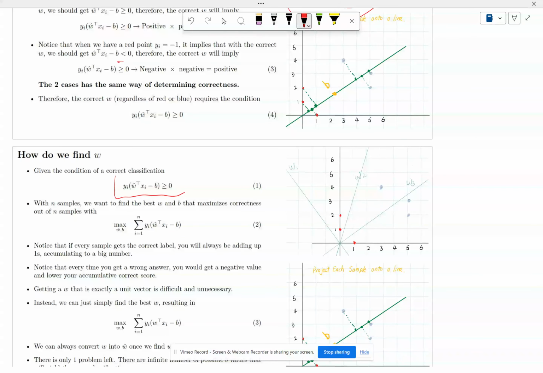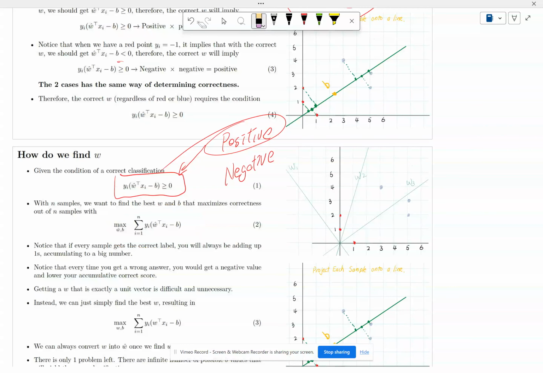Now, if you forgot why this measures correctness: it is a positive value when correct, and it becomes a negative value when incorrect. Therefore, if you sum up all the n samples, you want it to be as positive as possible. And if you get a negative, it means you're getting wrong classification results. So this equation is essentially how you measure correctness, and you want to maximize the correctness.